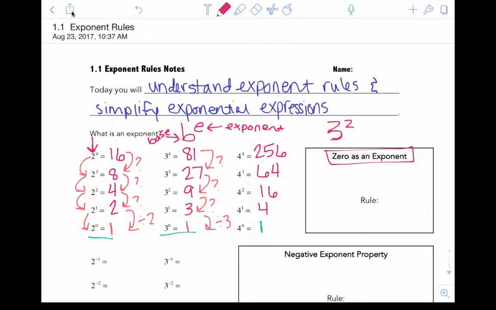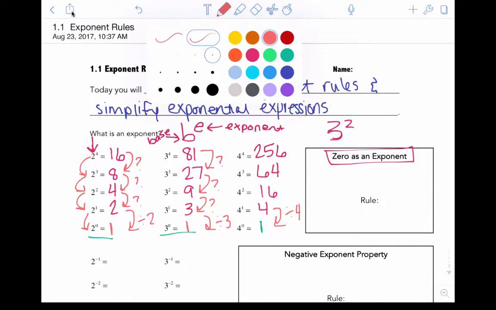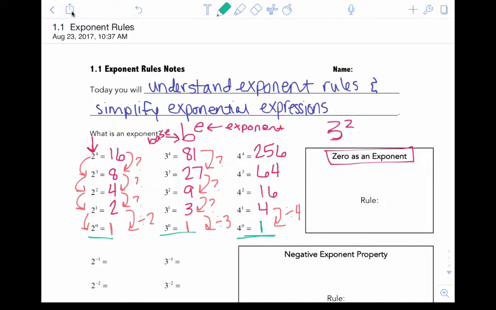Now you might not see it right off the top of your head, but once again, to get from one exponent to the next, we are dividing by 4. So just like in all the others, to get from 4 to the 1st to 4 to the 0, we're going to divide by 4 to get 4 to the 0 power equaling 1.